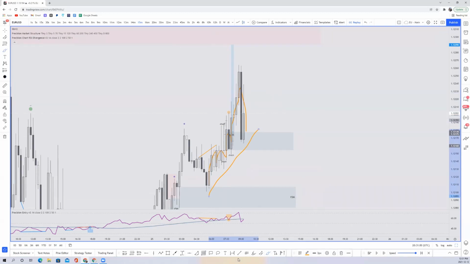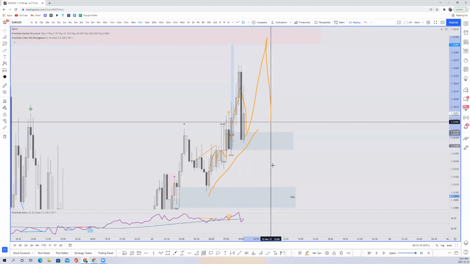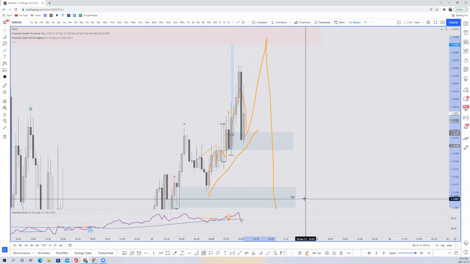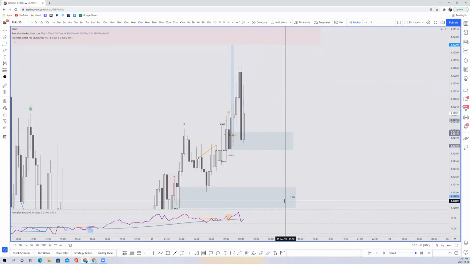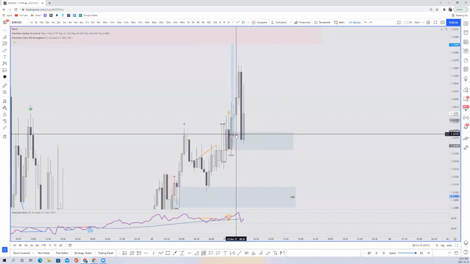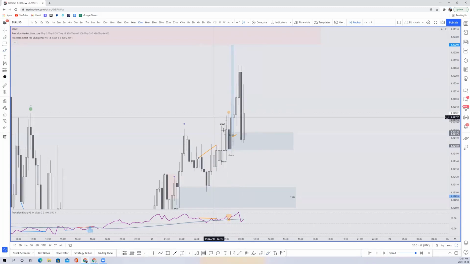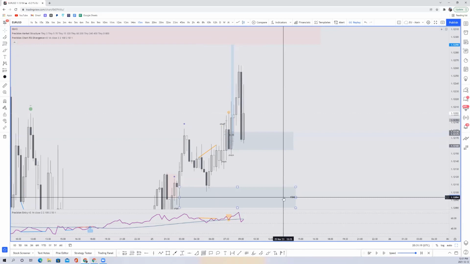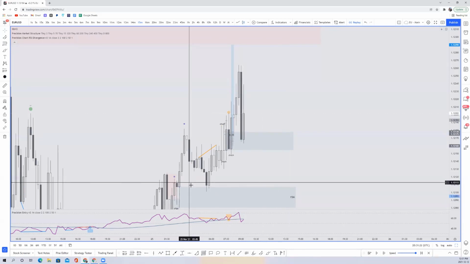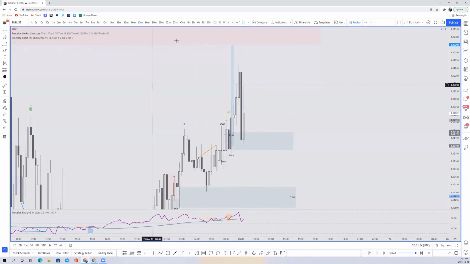Anytime you see that, that'll likely get run. It doesn't have to get run in this session, but when it's stacked and mitigated, they do always come get it. Even if it's not this session, it's stacked like that for a reason. So anytime price is struggling to go up, it's not struggling to go up. They're stacking liquidity.